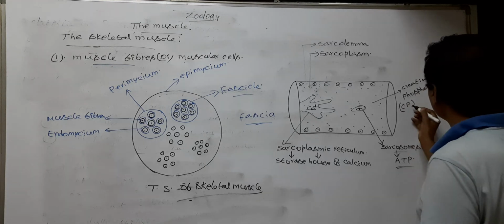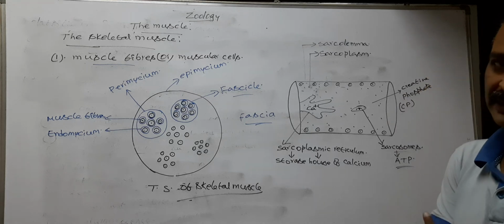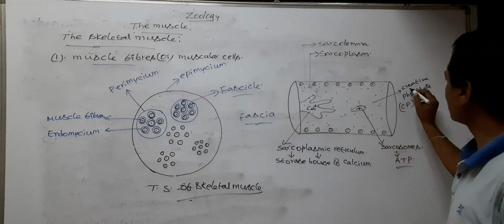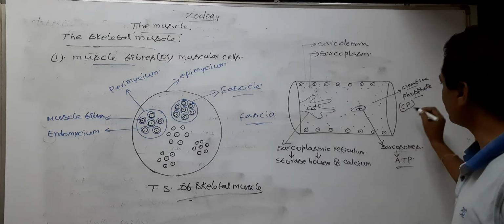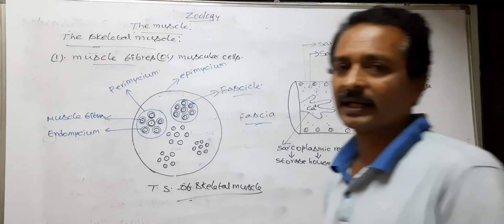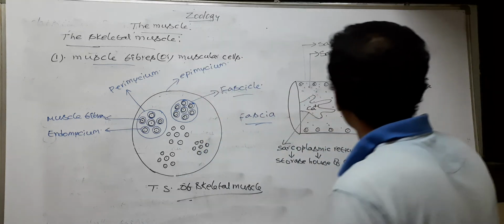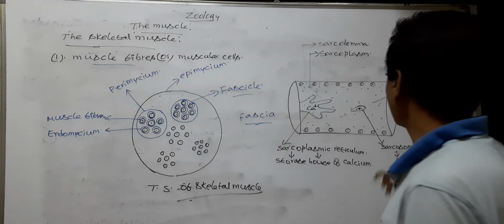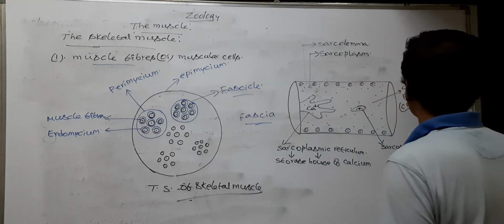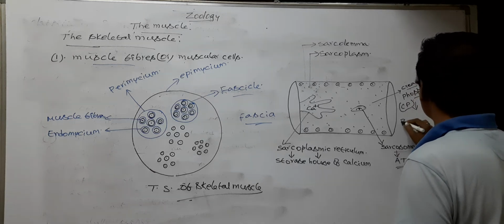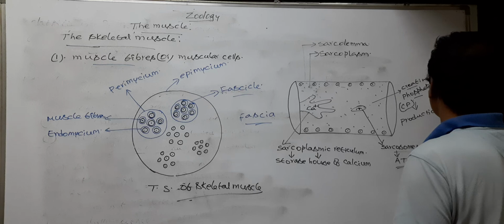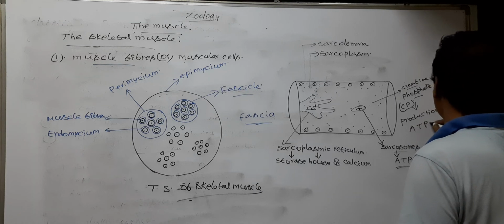This is also called phosphocreatine or PC. So the sarcoplasm contains creatine phosphate, CP, or phosphocreatine, PC. The creatine phosphate helps in the production of ATPs.